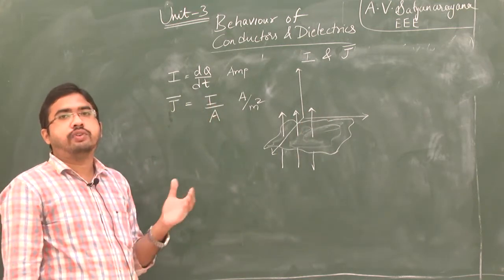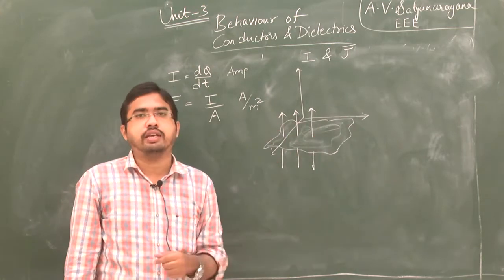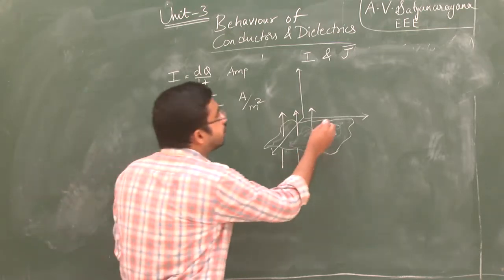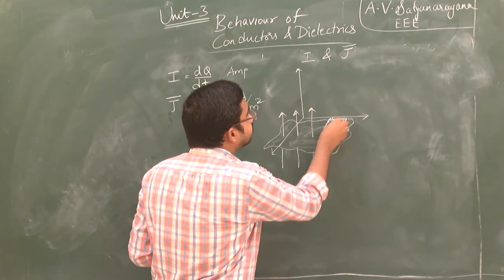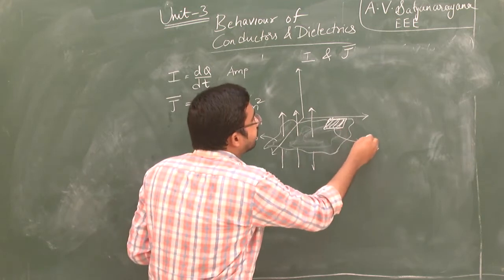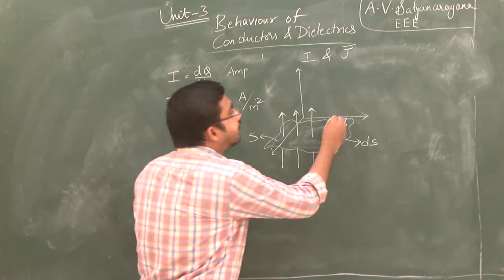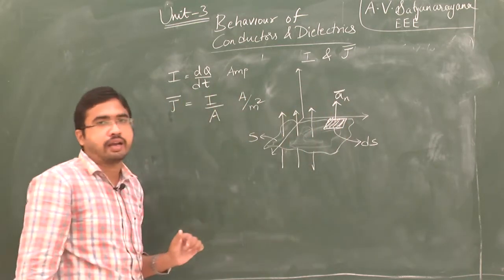Now, while deriving any relation, instead of considering the whole surface area, we will take only a small differential surface ds. This is the complete surface area, and this is a small differential surface area ds. Okay, and the unit vector that is perpendicular to this is an bar.